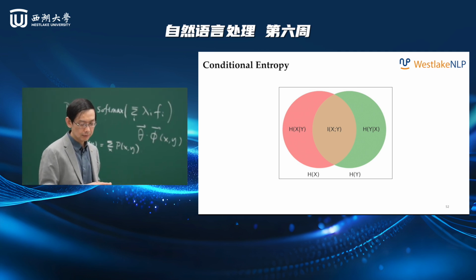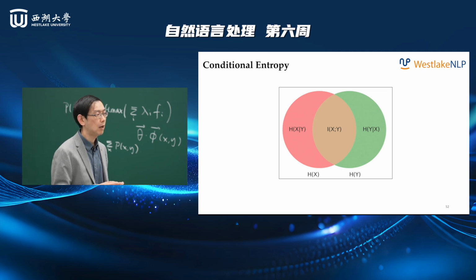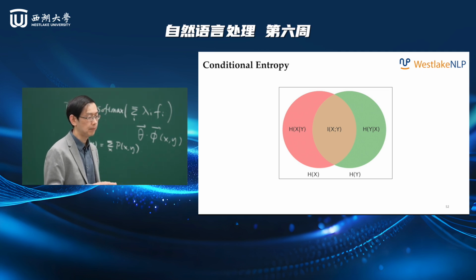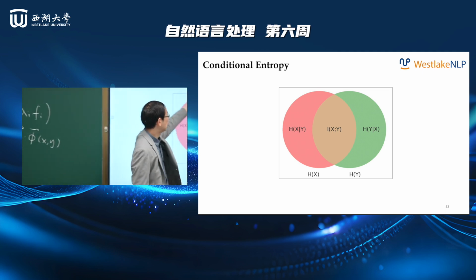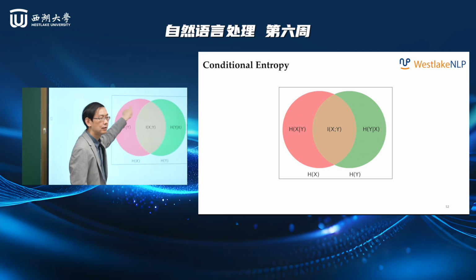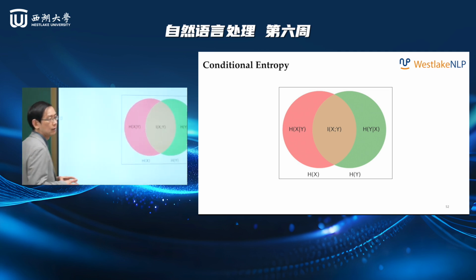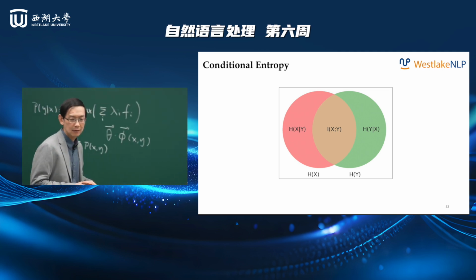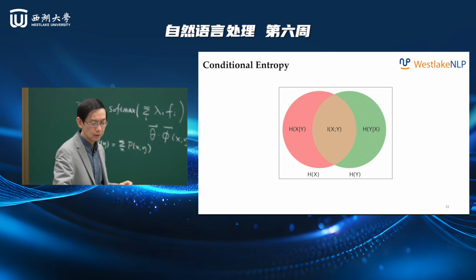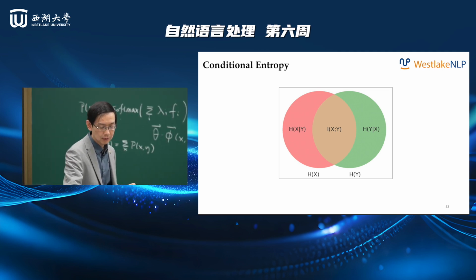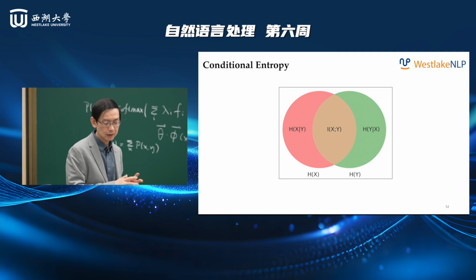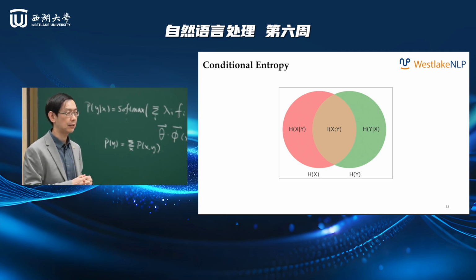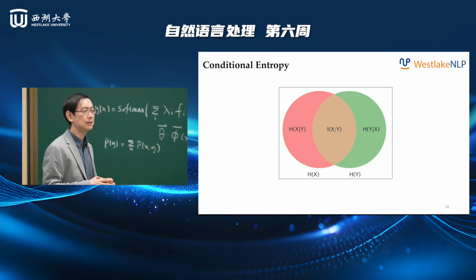So in between, the yellow part is their mutual information. Okay? So the red circle minus the yellow part is the conditional entropy for x given y. And the green circle minus the yellow part is the conditional entropy of y given x. Okay, so this is their correlation.